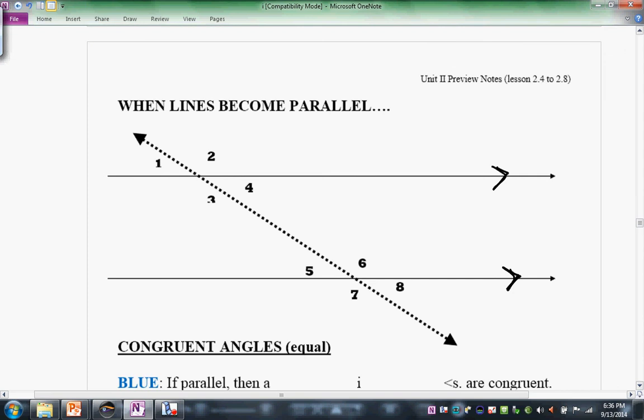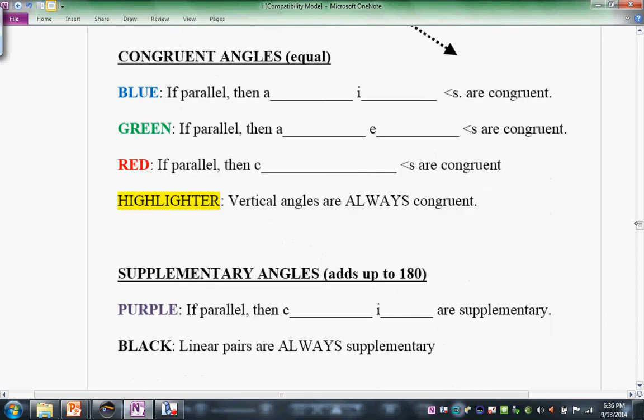And when the lines become parallel, the alternate interior angles become congruent. So that would be, again, between the lines, but still inside. So that would be like angles 4 and 5. Those are going to be congruent.